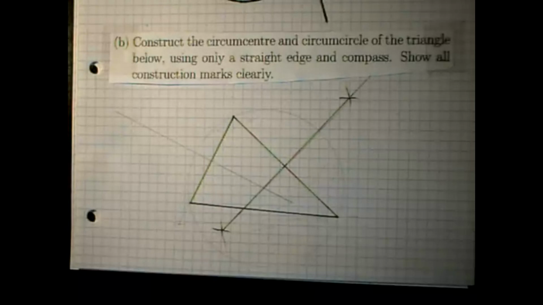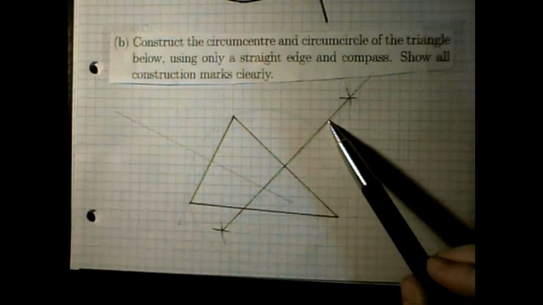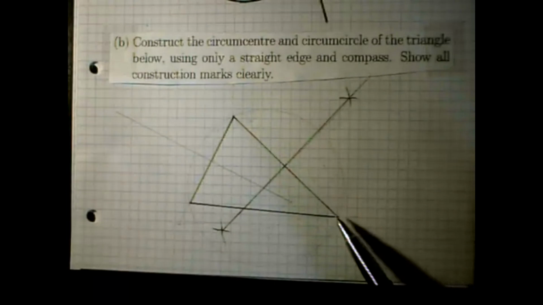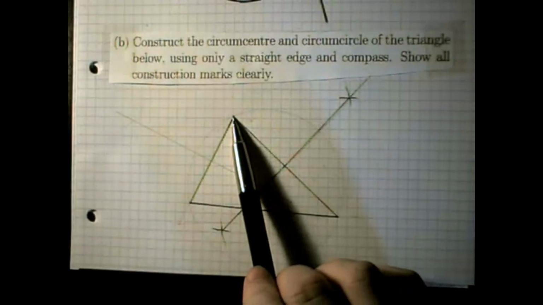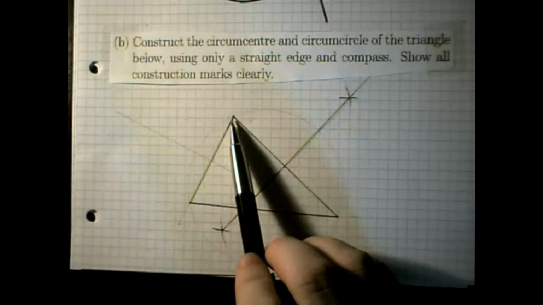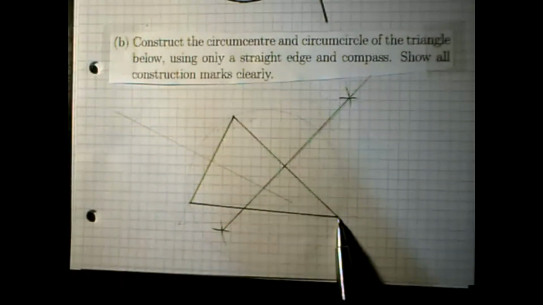What has just been constructed really is the so-called locus of points that are all equidistant from those 2 vertices. So if I take any point on this line here, I know that that point is the same distance away from this vertex and this vertex. So any circle that I construct there is going to pass through those 2 points.